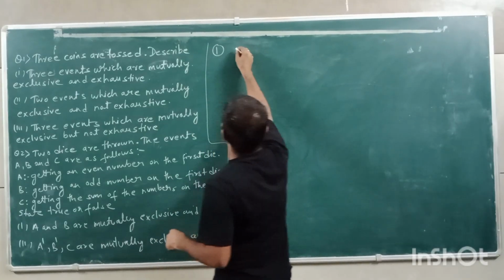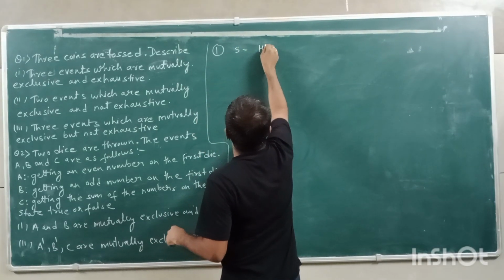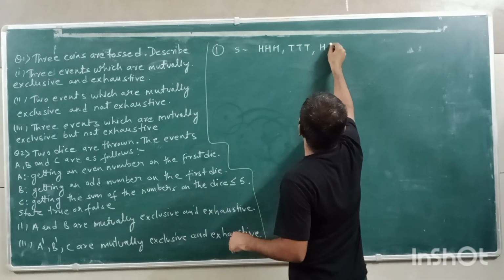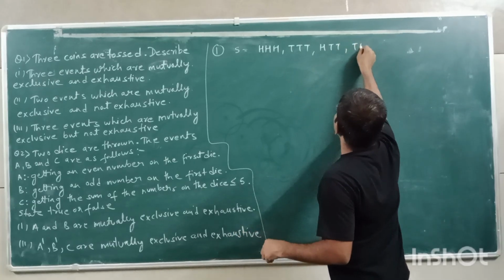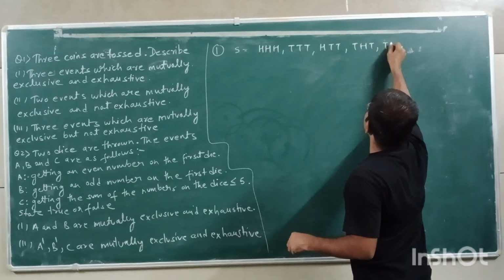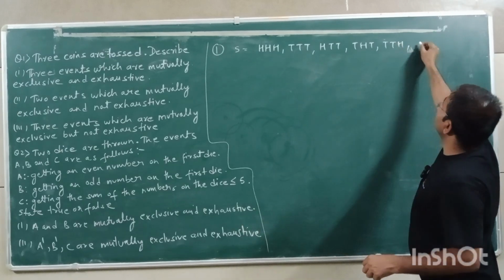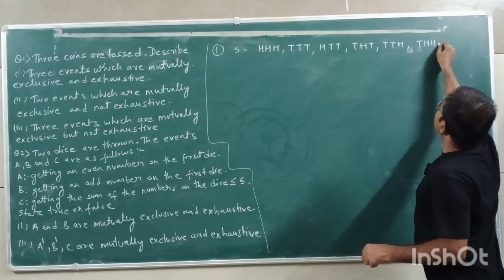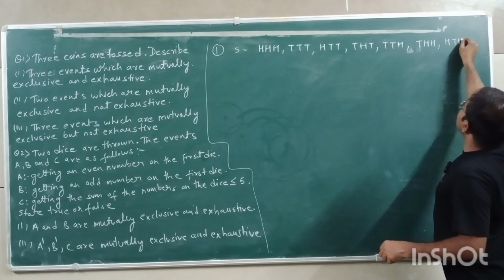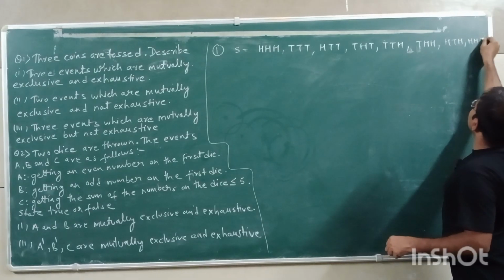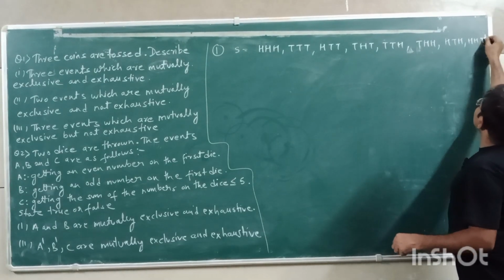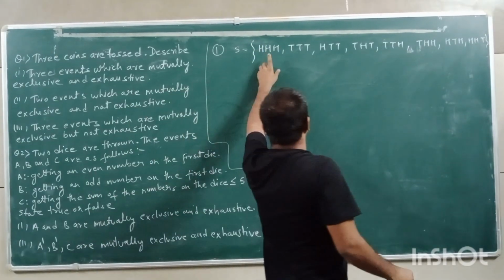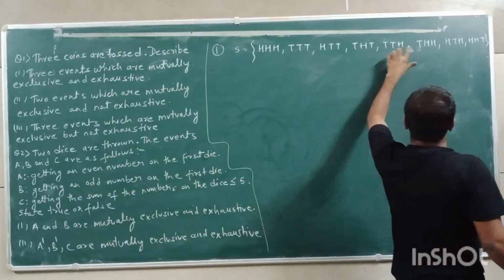When 3 coins are tossed, the sample space will be HHH, TTT, HTT, THT, TTH, THH, HTH, HHT. See how many elements there are: 1, 2, 3, 4, 5, 6, 7, 8.